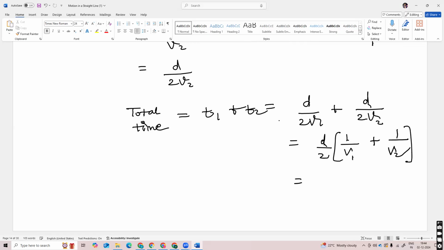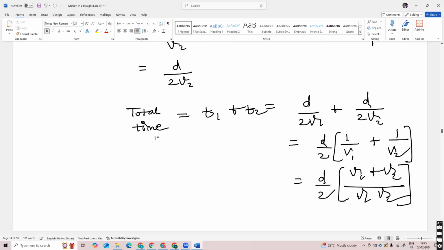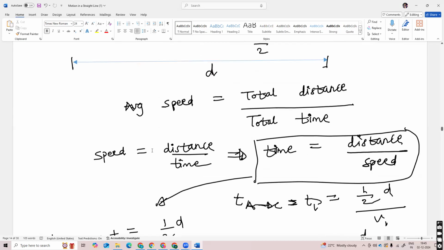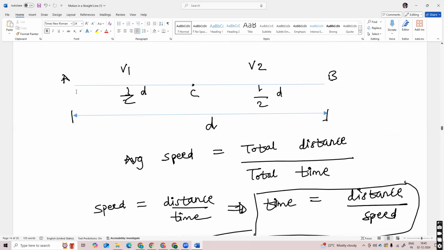It is simple math, so we can write it as v1 plus v2 divided by v1 into v2. This is the total time taken by this particle for traveling from A to B, and the total distance from A to B is d.